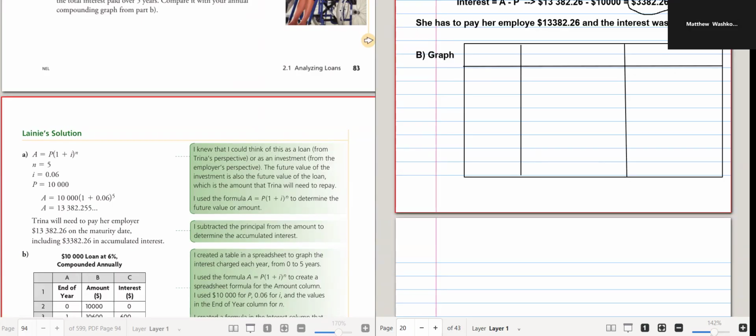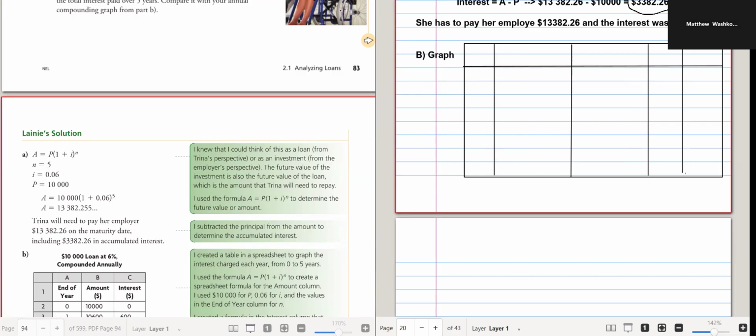Oh, you know what? I messed up. I think I need another column for year here. We'll do the end of the year, the amount that it's worth, and then the interest.